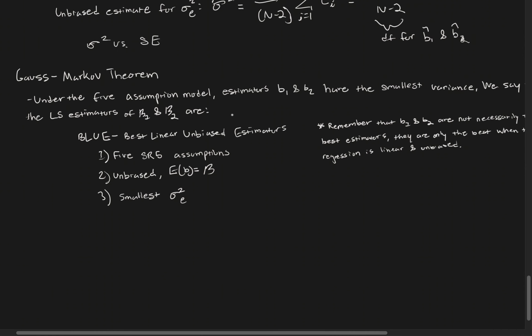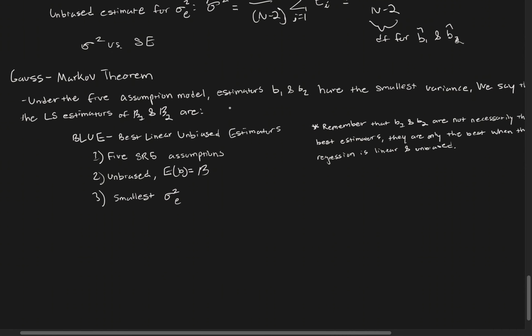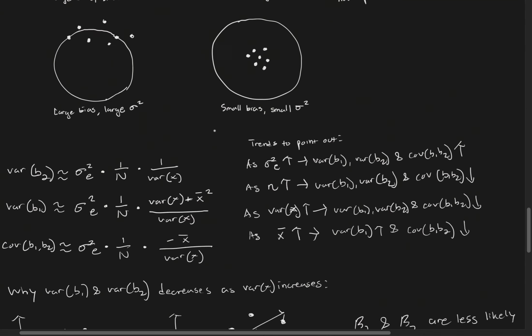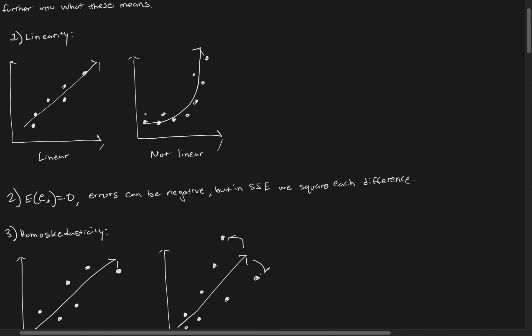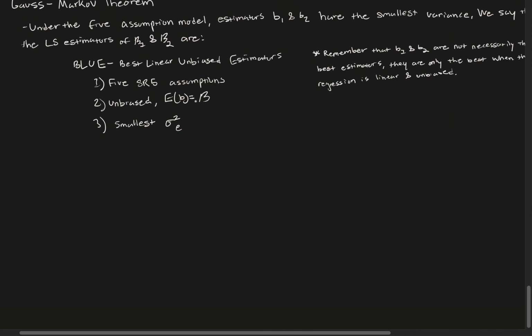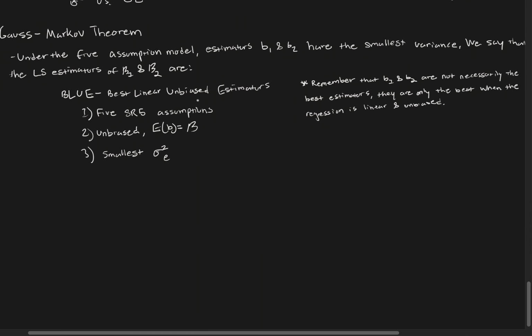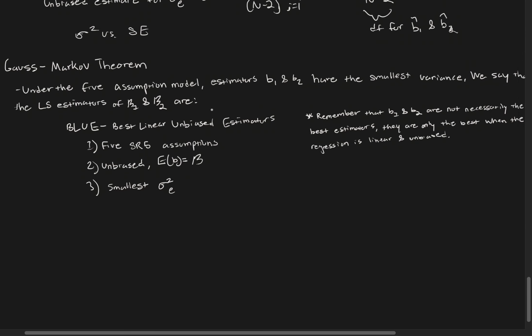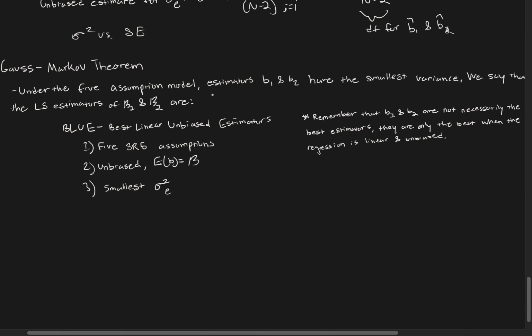All right, finally, the Gauss-Markov theorem just says that under the 5 assumption model, if they are correct, if we are assuming that, then that means beta 1 and beta 2 have the smallest variance.